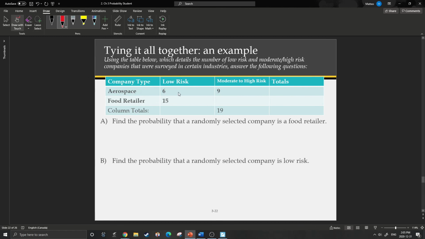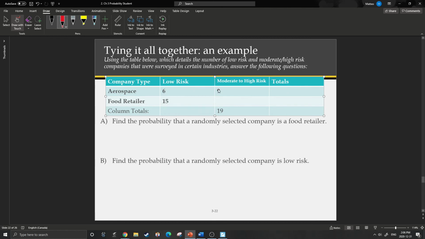And then we've got low-risk aerospace, moderate to high-risk aerospace, and then some totals. I promised you that I would give you a question where the table is not completely filled out. It can be more complicated than this, but this is what we're going to begin with. So we don't have these totals over here, nor do we have the column totals, and we're missing some info. So let's start by filling out the table.